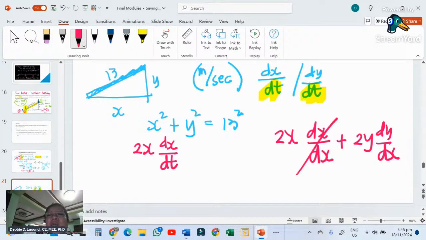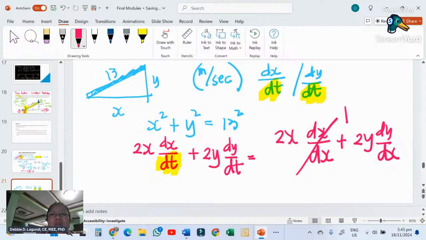Dx over dx here will be 1. But this time, because it's about time rates, it will be dx over dt in terms of time. So now you have 2x dx over dt plus 2y dy over dt is equal to 0.